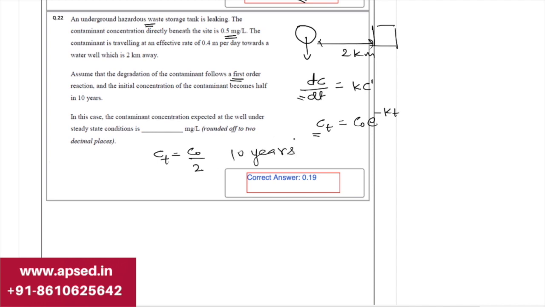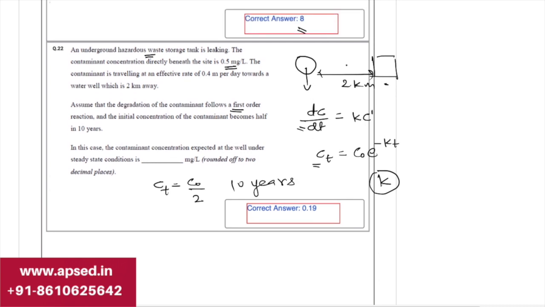So using this condition, we can obtain the value of K, and once we have the value of K, then we can find out the concentration in this well. So here we'll need the time also, how much time this pollutant or contaminant will take to reach this well.